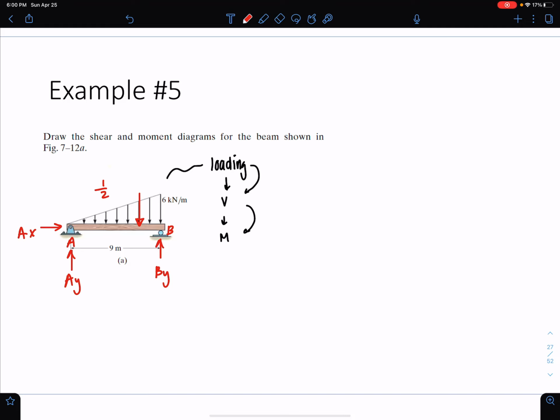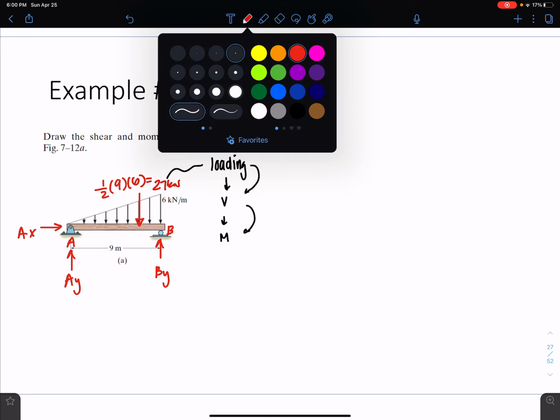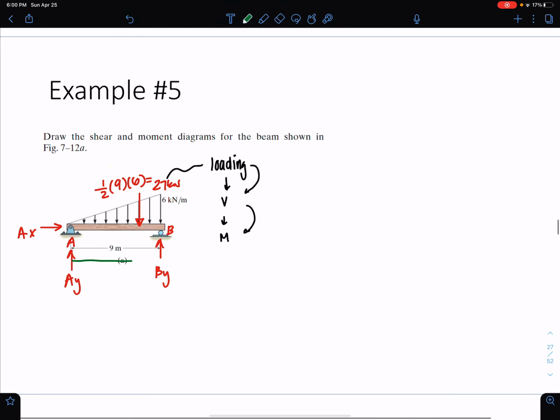So we would have 1/2 times the base, which is 9, times 6, and we would get 27 kilonewtons. If we want the distance that this 27 kilonewtons acts from each point, we would have this portion, which would be 1/3 times 9, so 3 meters, and we'd have this portion, which would be 2/3 times 9, which would be 6 meters.